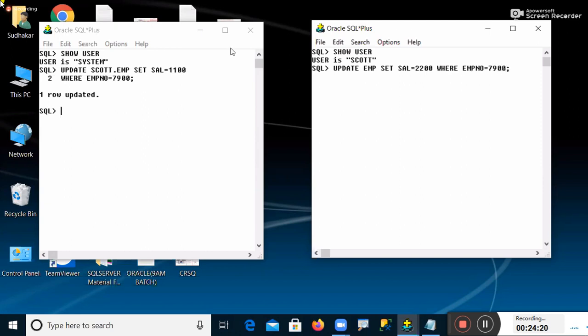Can you identify it is the same row? The system user is performing an update on the same row and it is still pending. His request is not successfully completed, not confirmed.